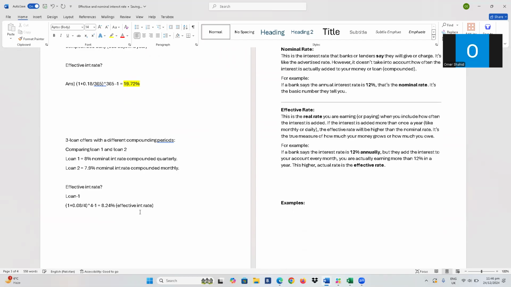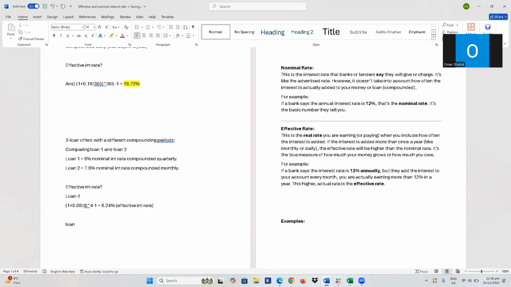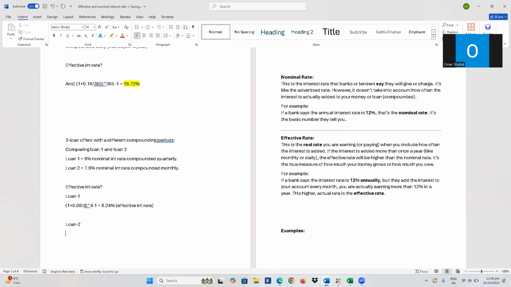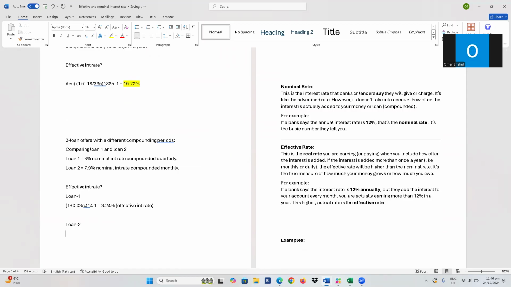Now for law number 2, how do we calculate it? They are telling us that 7.9% nominal interest rate compounded monthly. Do we need to divide it by n? They're not telling us that 7.9% is a monthly interest rate, just that it is compounded monthly.